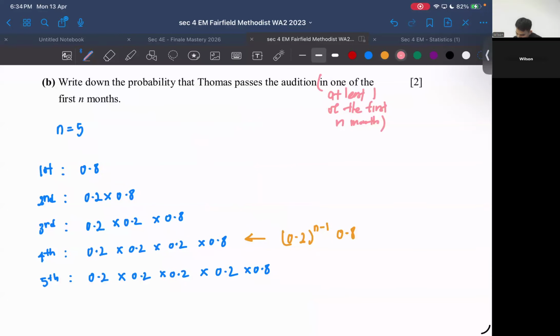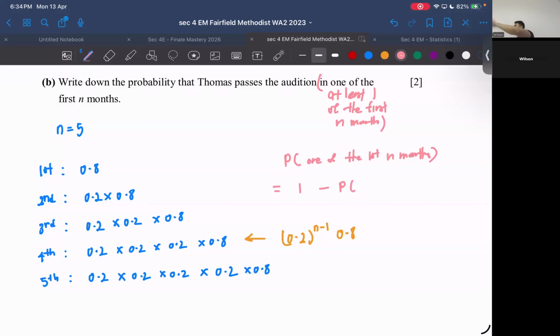So I want to find out the probability that he passes in one of the first n months, which means I'm taking 1 minus the probability that he... 1 is the total probability.